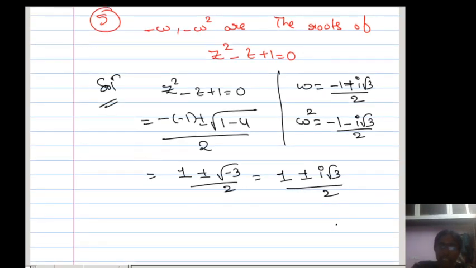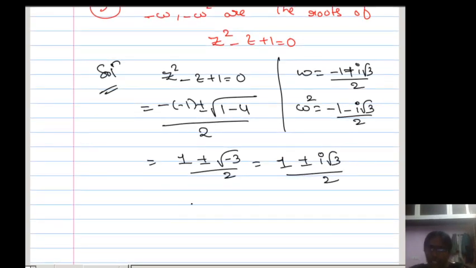Taking minus 1 outside, I can write it like this: minus 1 by 2 plus or minus i root 3 by 2. So this is our required result.